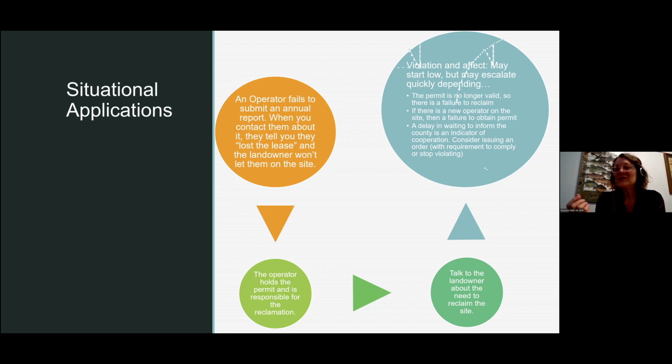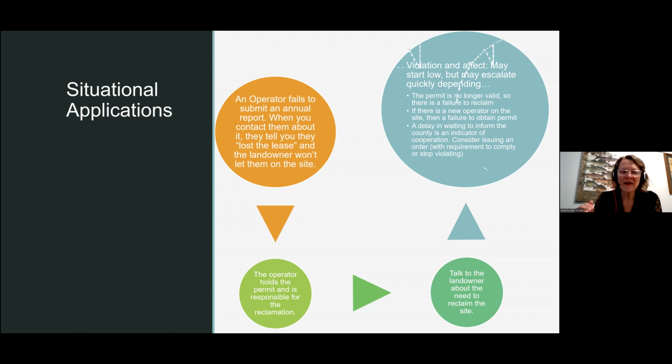So you need to make your judgment call on this, and consider combining an order to comply and stop violating along with that.